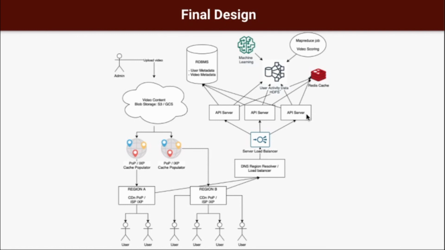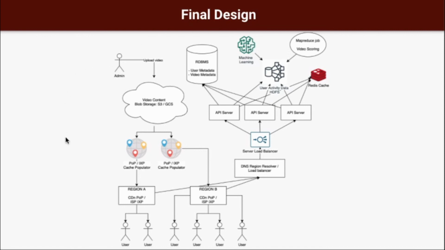It's very, very large, so we're gonna need multiple servers. To make our system latency low, we implement cache, and to enable huge data processing, we implement the MapReduce job with video scoring generated from machine learning.